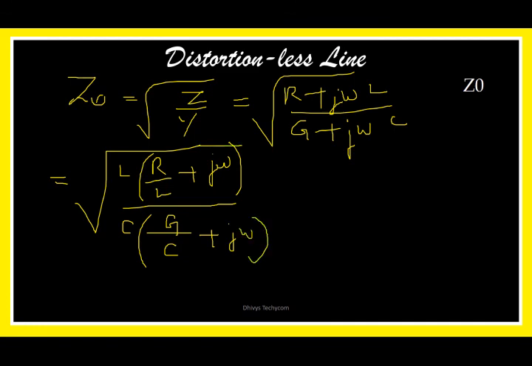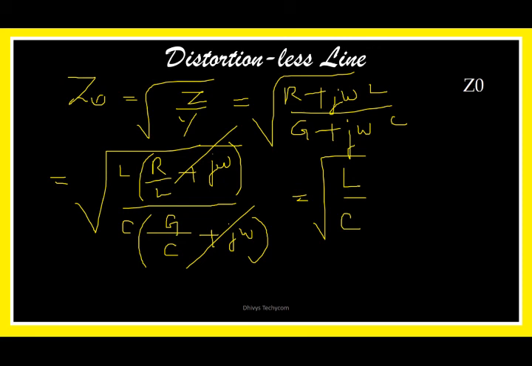So as per the distortion-less line, R divided by L is equal to G divided by C. So let me cancel out two terms. At last I'll be getting root of L divided by C. So these are the most important parameters which I request you to please keep in mind when you're deriving the distortion-less condition.